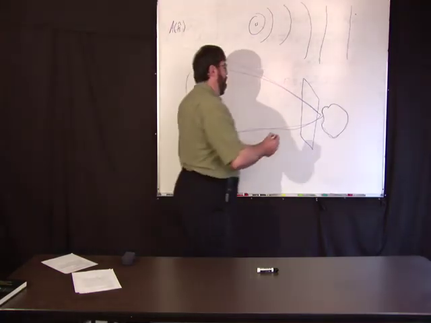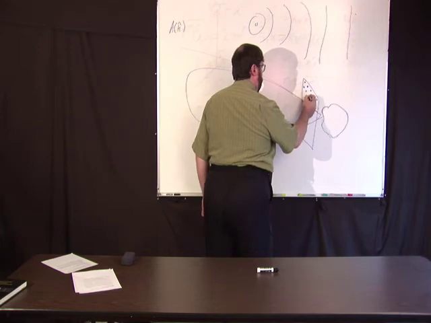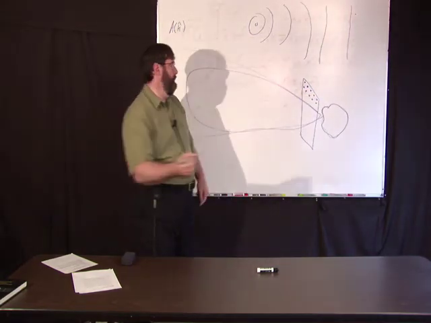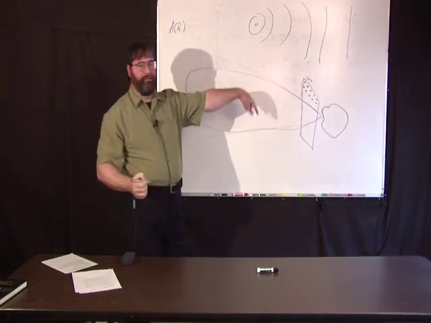Then you can sample the amplitude at a bunch of points on this plane. So each one of these is, let's say, some amplitude A of x, y. Okay, there's the plane here.